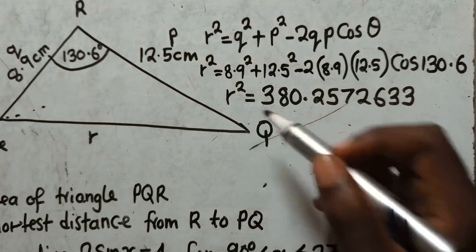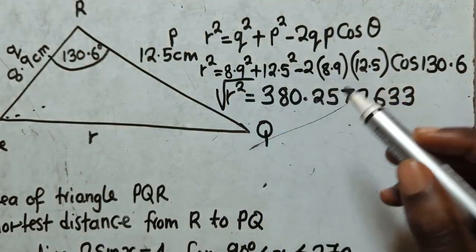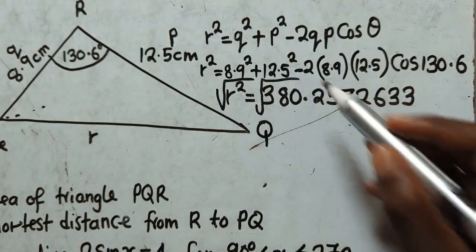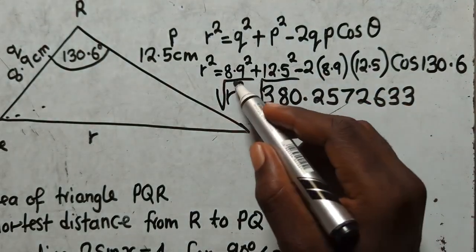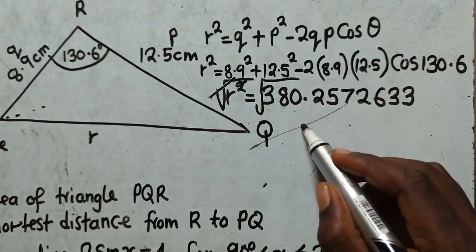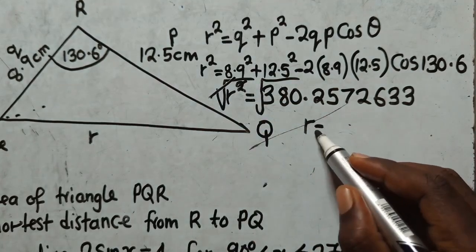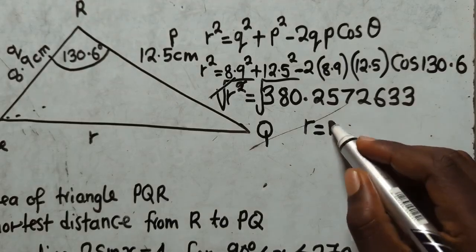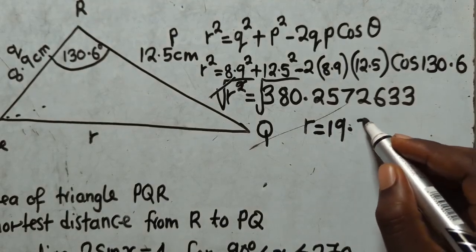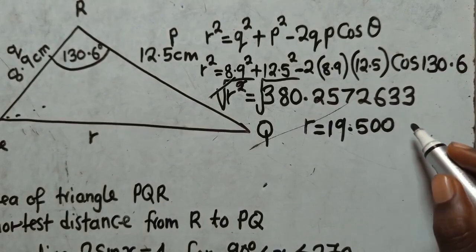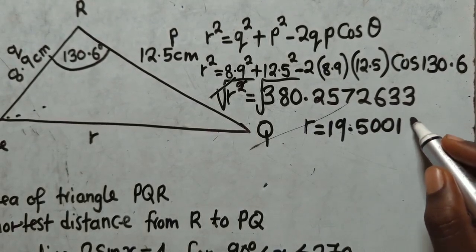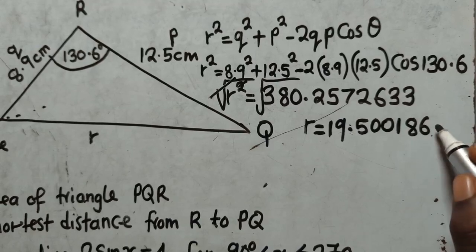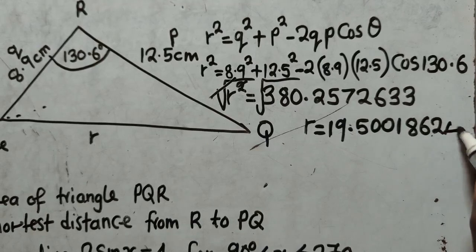You know that here I want to find r. I introduce the square root here, and I also introduce the square root there, which means the square root and the square will cancel. I'm going to remain with r, which will be equal to the square root of that, which is 19.5001864.